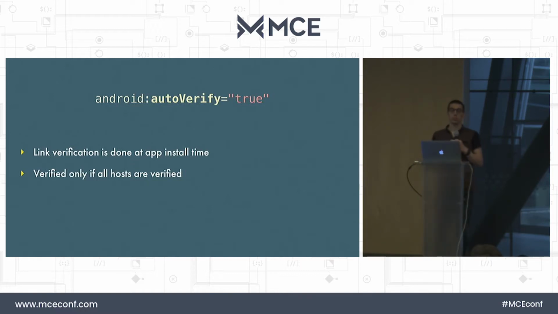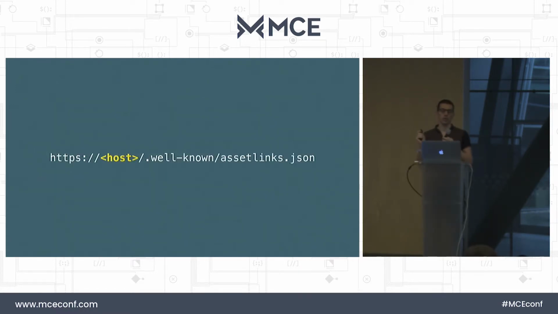So under the hood, the system will basically go to those links. It will always go to https, it will replace the host with the host that you've put inside the intent filter, and then it will go to something called well-known asset links.